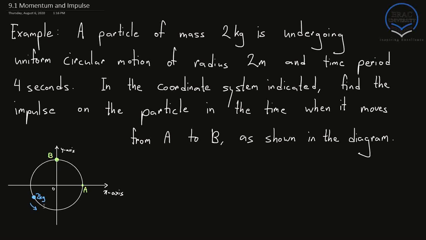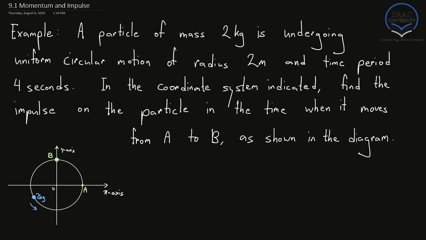In the coordinate system indicated, with the x and y axes, we want to find the impulse on the particle as it moves from A to B. With anti-clockwise motion, let's say it starts at A and it moves to B.